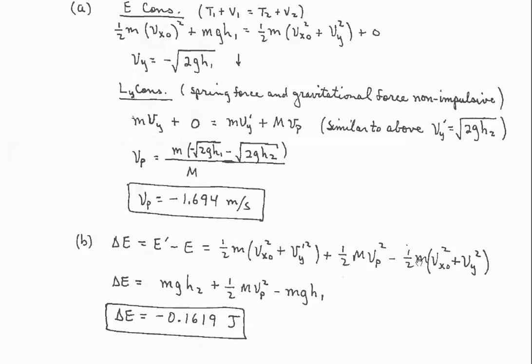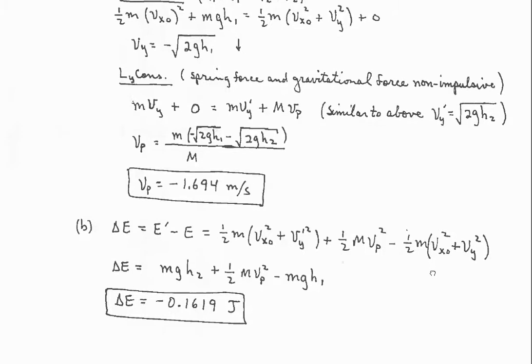And then we're going to subtract the initial energy, and the initial energy is only the energy of the ball coming in, which has a Vx naught squared plus Vy squared. Now I realize that you could have done this without the Vx naught, but this is an energy expression, not a vector expression, so you have to get the x and y components both in there, even though that term is going to subtract out against that term right there.